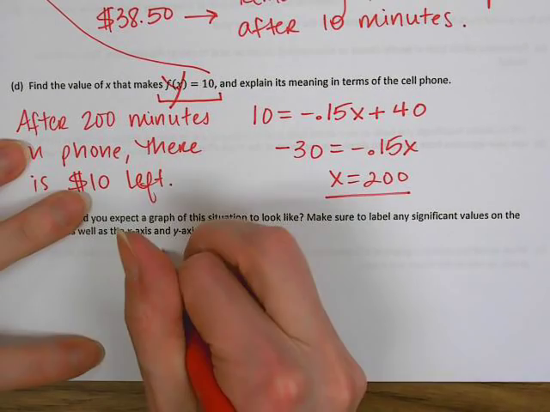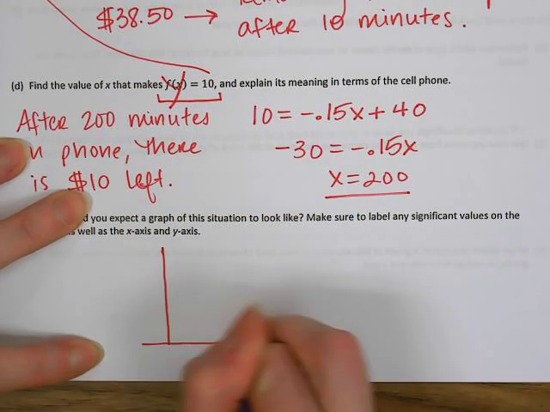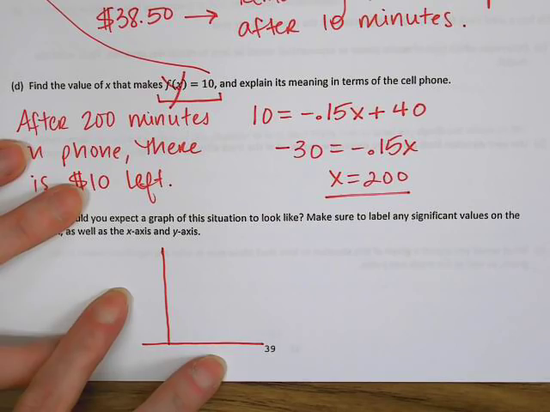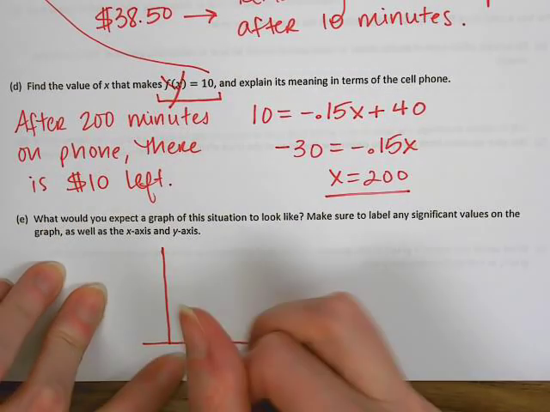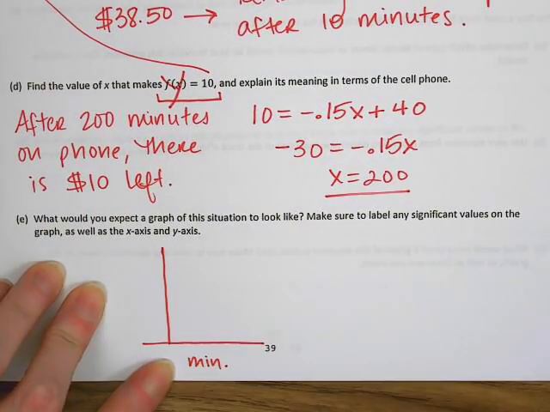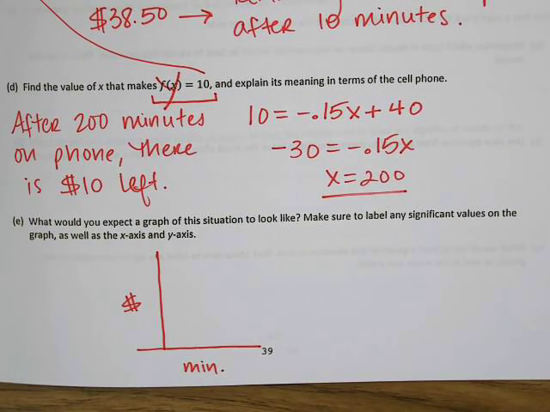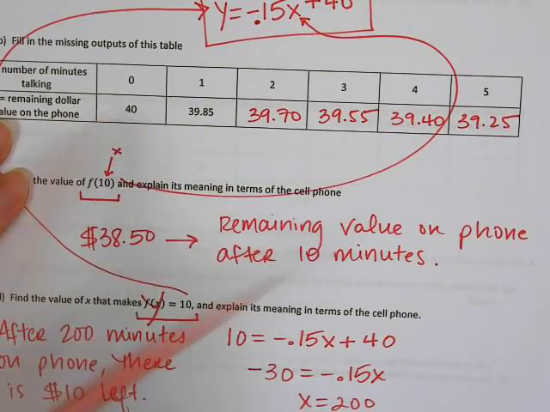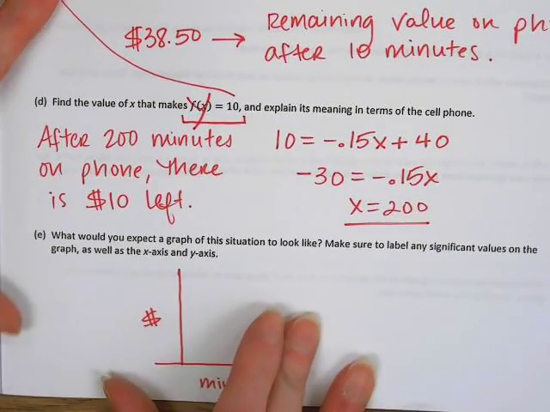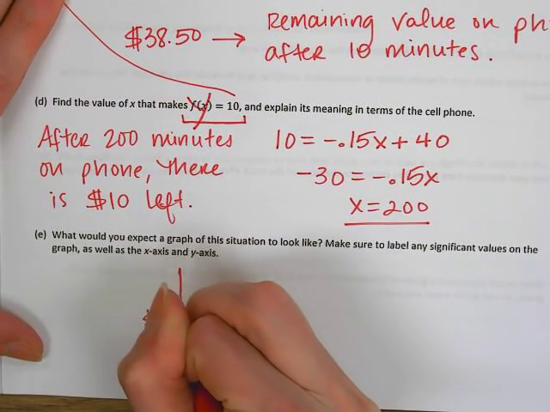Again, what I need is the x and y axis. I need labels. So x stands for minutes, and y stands for value, or money. And we need the y-intercept. So the starting value was at 0,40. So you guys should have a dot here at 40.